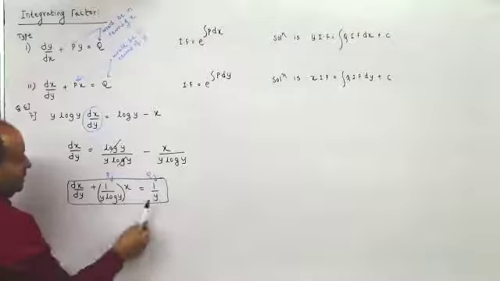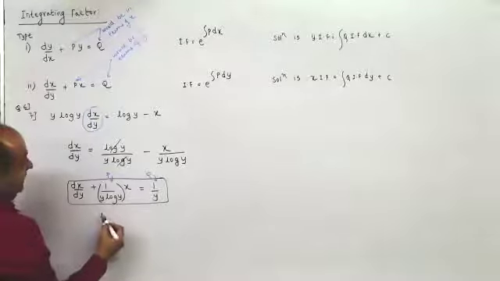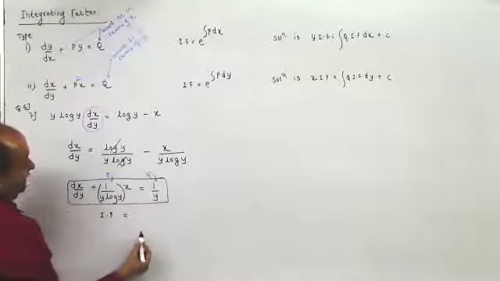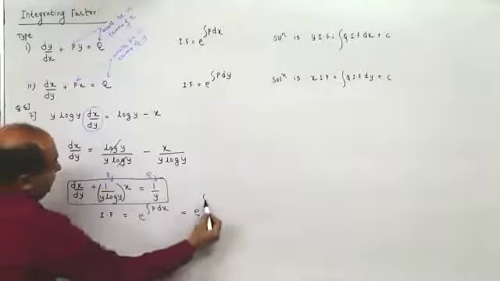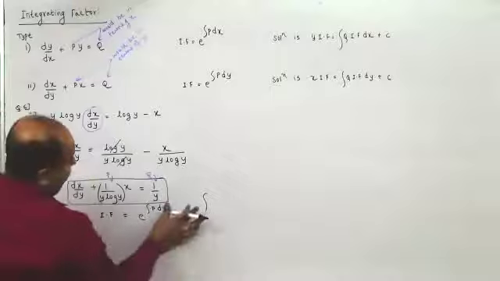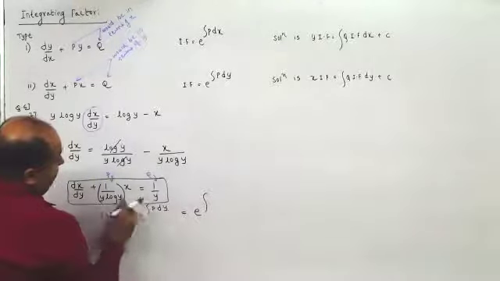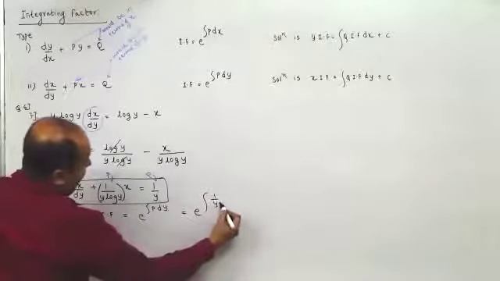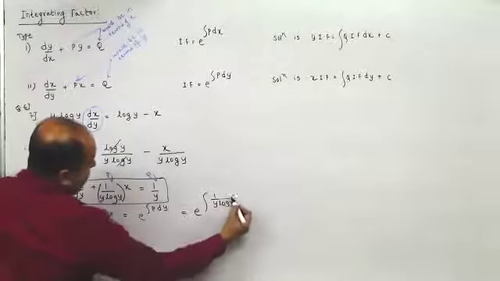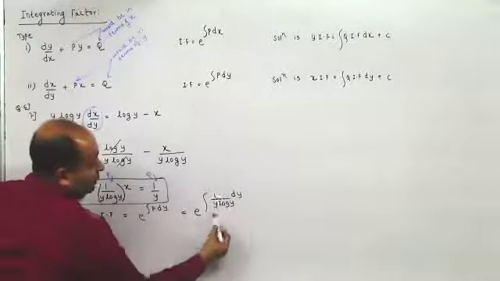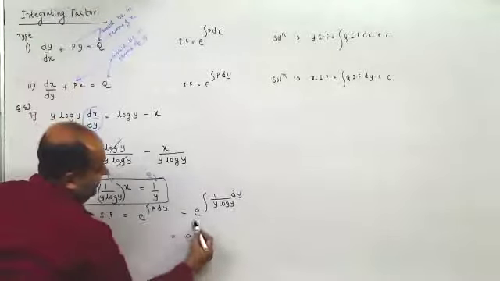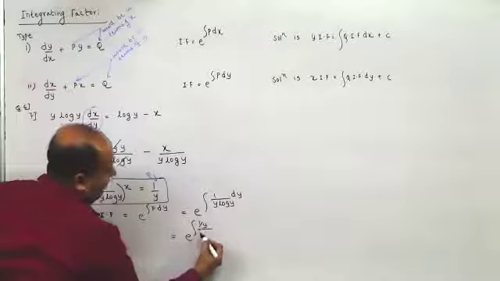In such problems, what you do is you take the integration factor first. What is the integration factor? e raised to the integral of p dx. So in this case, it is e raised to the integral of p dy. So what is p here? 1 upon y log y dy. Now I divide both numerator and denominator by y. I get e raised to the integral of 1 upon y over log y.